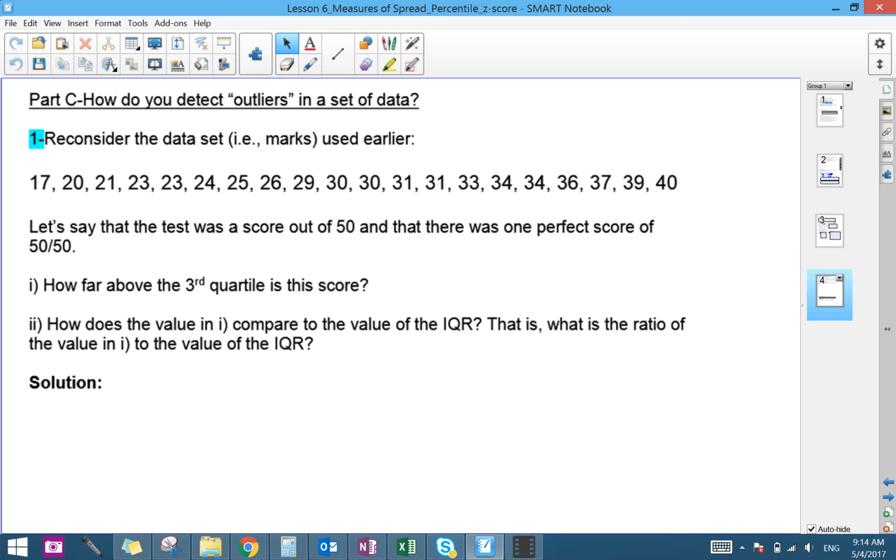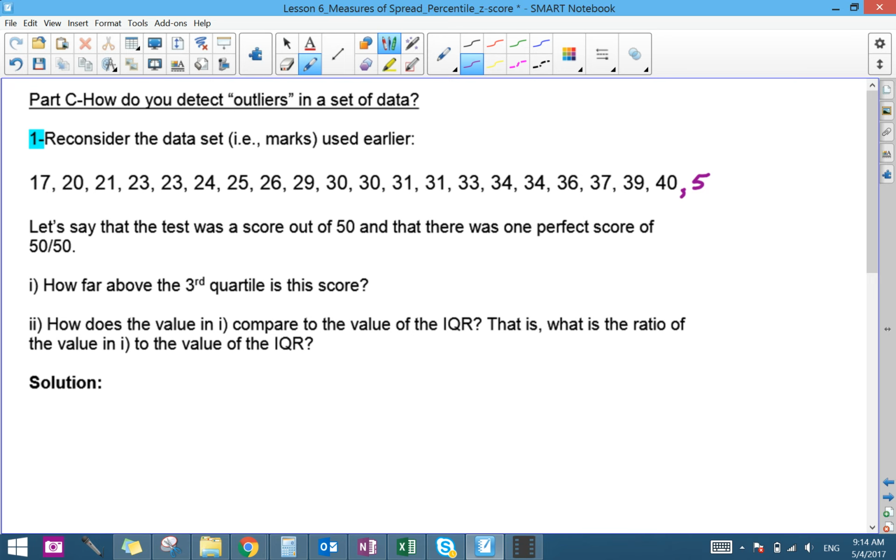Taking a look at the data we have, let's repurpose it from the last example, and this time I'm going to manipulate it a little bit. We're going to add in an extra datum. For the purpose of example, I'm going to introduce a test score of 50, and we're going to make the test out of 50.